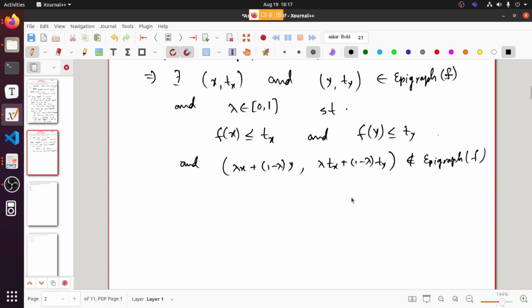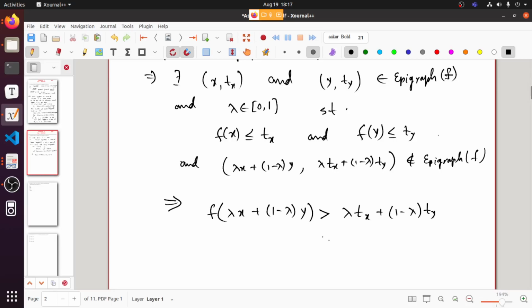Now from here you can see, look at this, f of lambda x plus 1 minus lambda y. This does not belong to epigraph, which implies its image f, this should be greater than, by definition of epigraph, lambda times tx plus 1 minus lambda times ty.